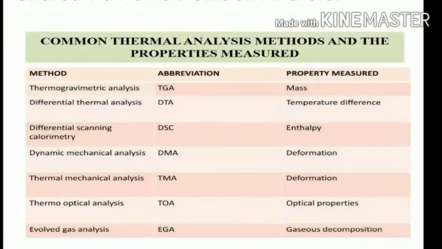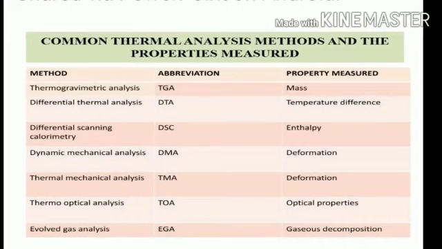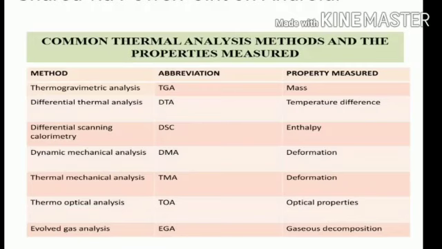Three groups of physical parameters to be measured, that is mass, temperature or heat flux, and mechanical and other parameters, allow for a classification of the thermal analysis methods. Thermogravimetric analysis measures mass changes in a sample as a function of temperature or time under a controlled atmosphere.